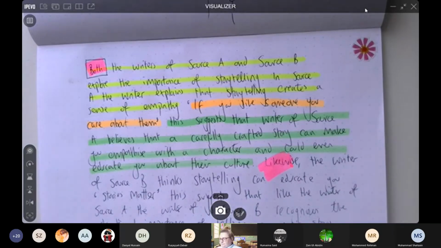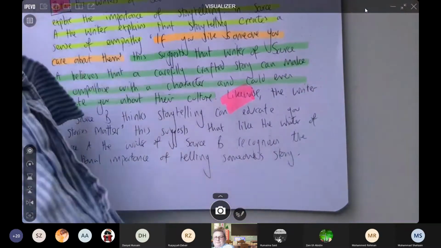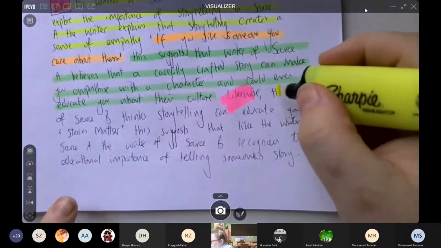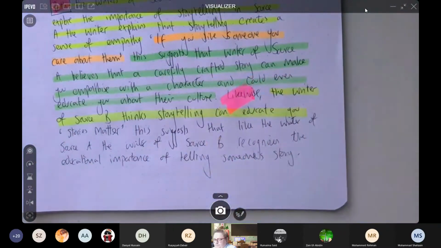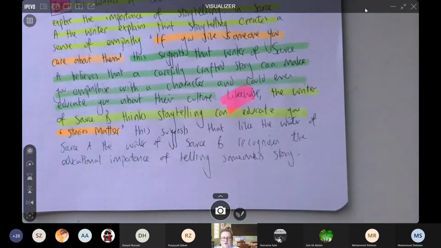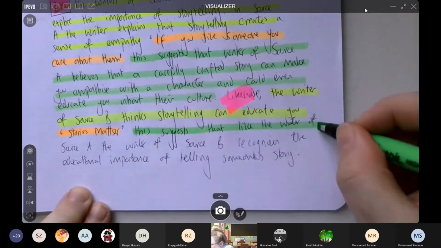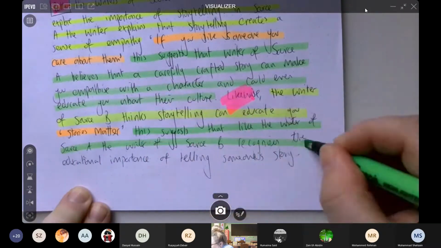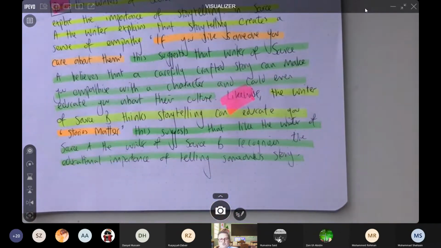So again, I'm just going to move that up. So again, we've got our statement: the writer of source B thinks storytelling can educate you. We've then got our quotation, nice and short, and we've then got our inference: this suggests that, like the writer of source A, the writer of source B recognises the educational importance of telling someone's story.